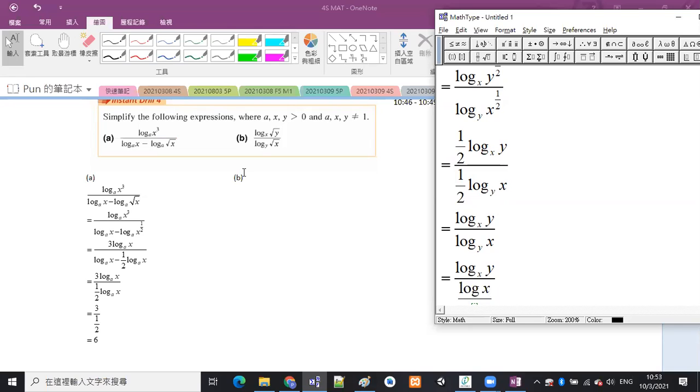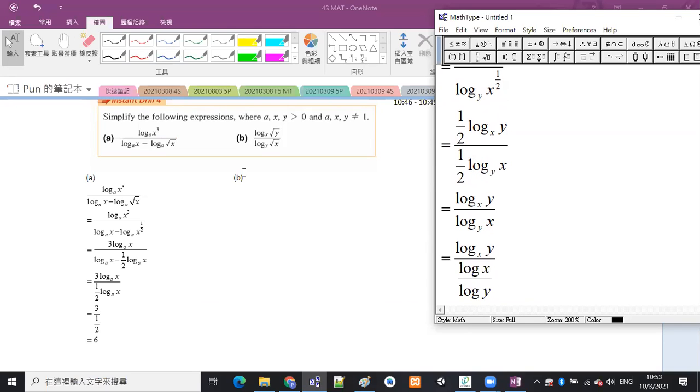It is log x over log y, but with a new base, and the base will be chosen to be the base of the other log. That is base x. Okay, and this one is also base x. You can see this?